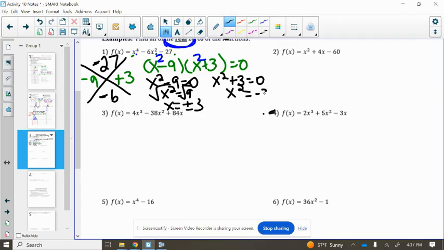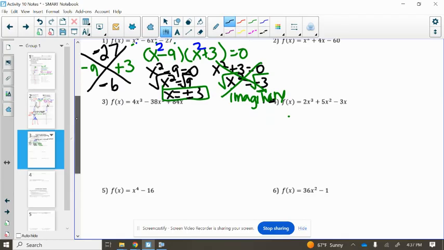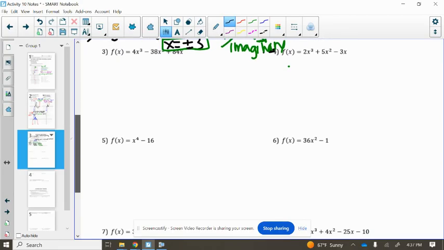This time, however, when we subtract over the 3, as we try to square root, we're square rooting a negative, which would result in an imaginary answer. Since the instructions are asking us only for the reals, we're going to ignore that part for now. So our two answers this time are x is positive 3 or negative 3. You should try example 2. It is similar to this one.